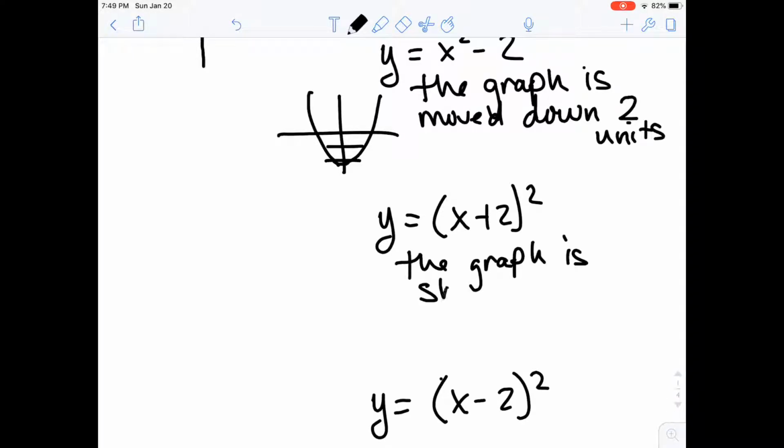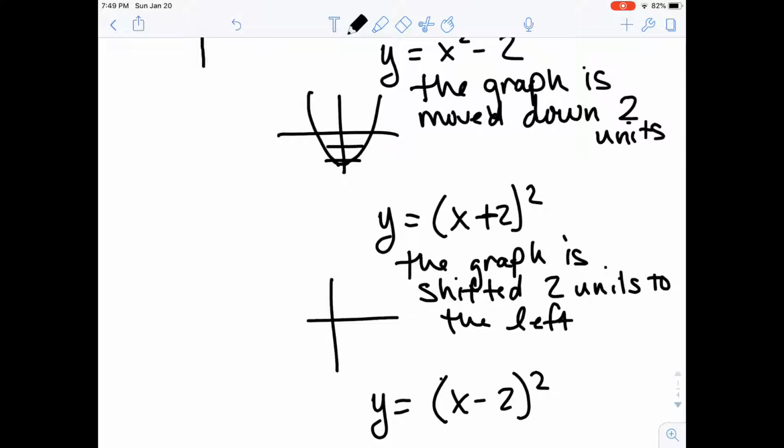Actually, when you have y equals x plus 2 quantity squared, the graph is shifted 2 units to the left. Whenever you have plus, you always shift it to the left that many units. So your graph would look something like this: 1, 2, so my minimum would now be like this.